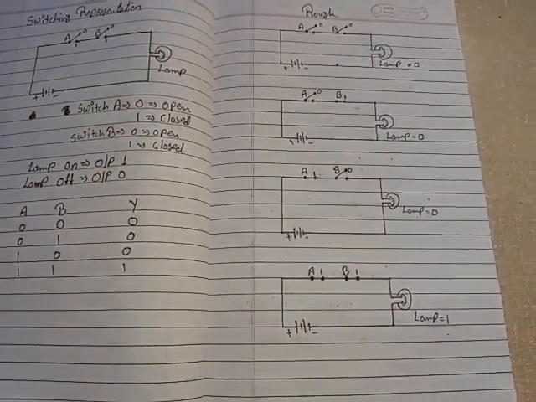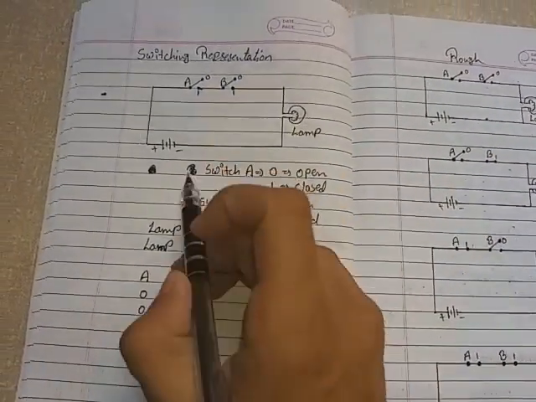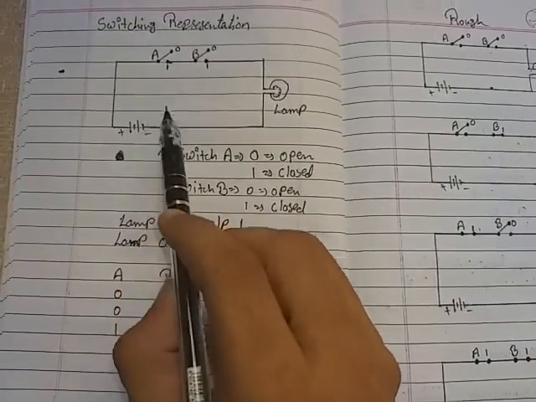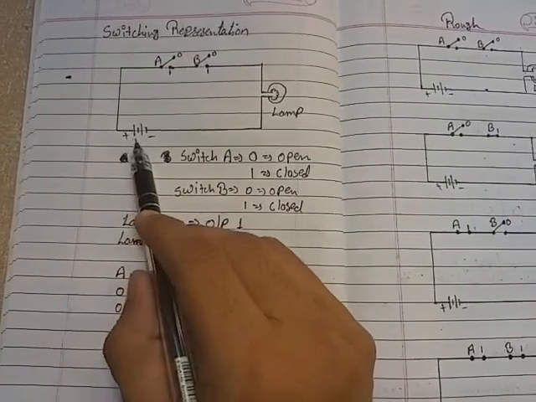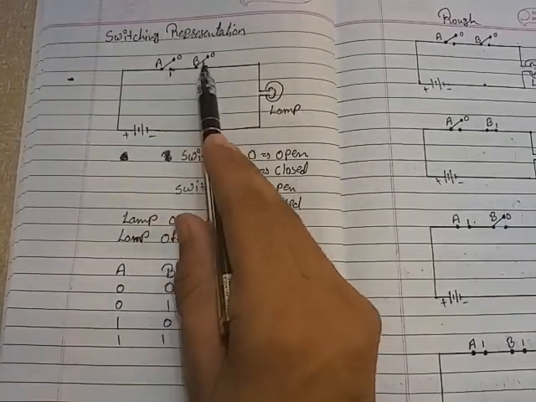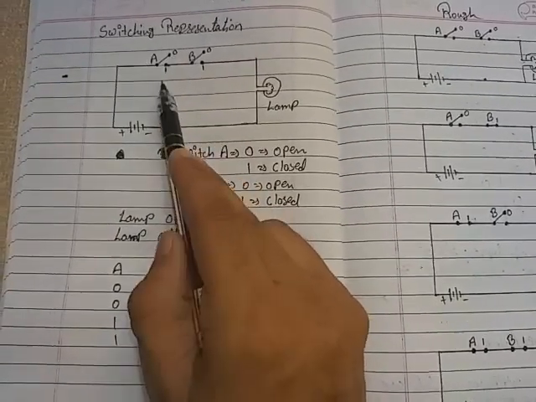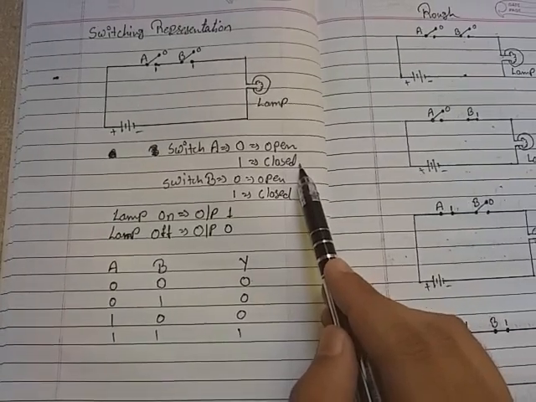Before that, let's see a switching representation of AND gate. To represent the AND gate by using switches, here is the diagram where a lamp is connected with a battery and 2 switches. Switches are A and B. Here 0 and 1 represent open and close of the switch.